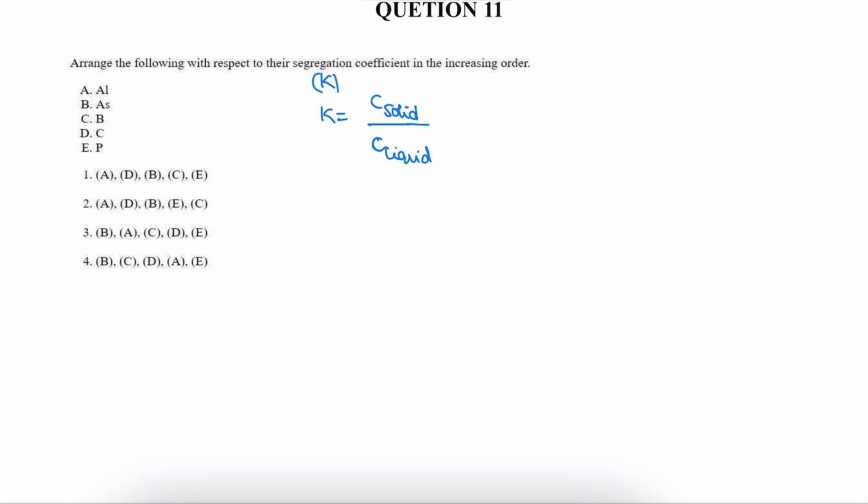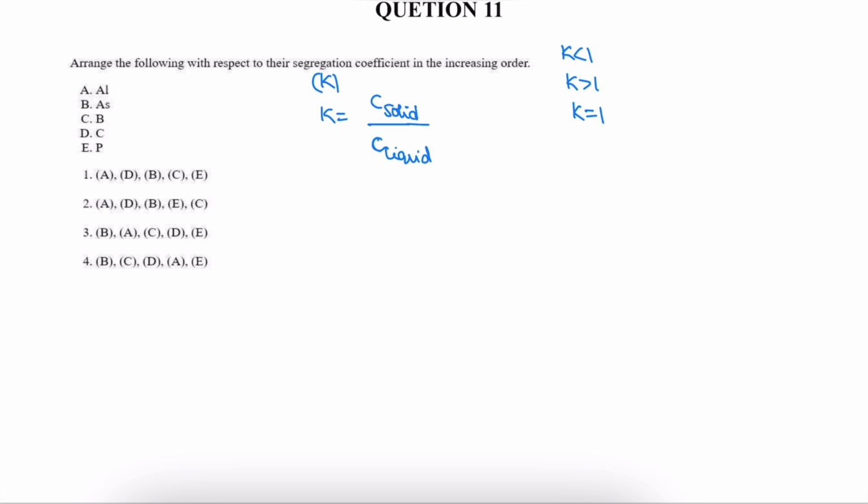If K is less than 1, the element tends to concentrate more in liquid phase. If K is greater than 1, the element stays in solid phase as material solidifies. If K is equal to 1, the element distributes evenly between solid and liquid phases.